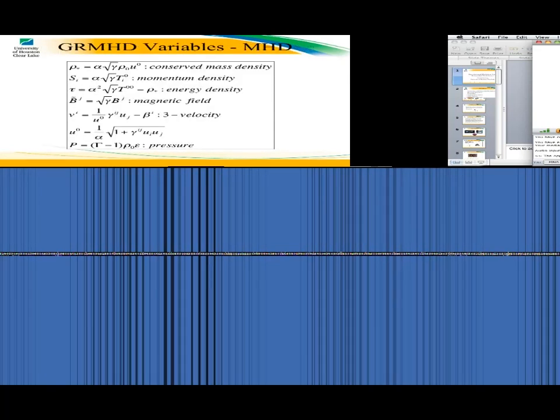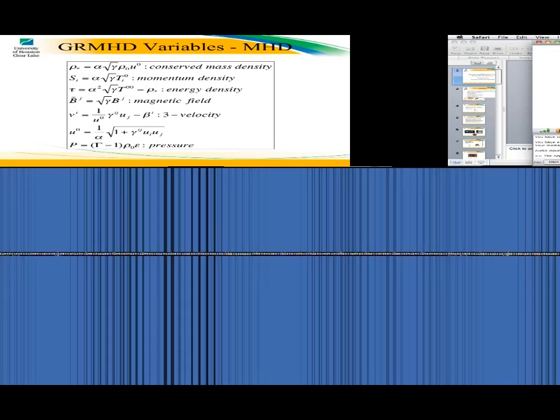So for the matter field, you've basically got your mass density, and you can see each of these has this gamma term, which is the 3-metric. You're taking the determinant of the 3-metric, and the lapse. And then you've got the momentum density, energy density, the magnetic field, and you evolve these.